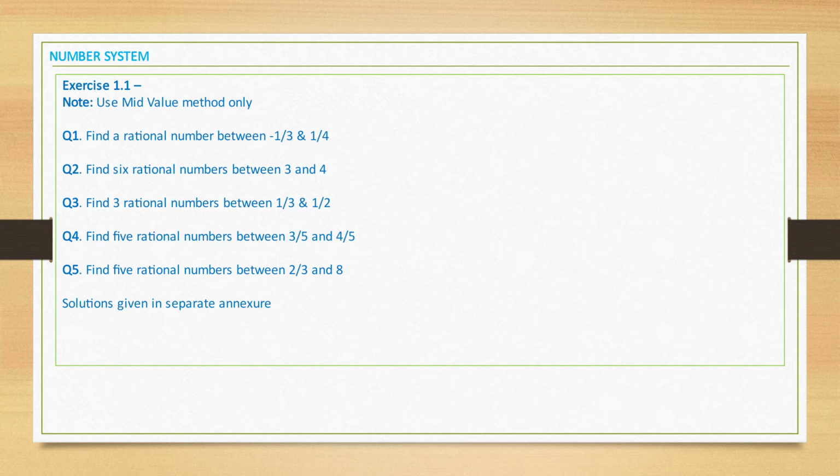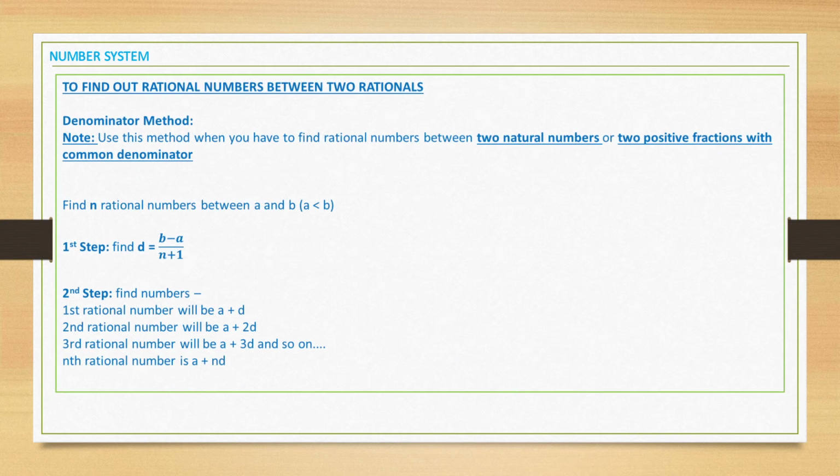Fine, we are going to use another method to find rational numbers between two rational numbers. This method is called the denominator method. Use this method when you have to find rational numbers between two natural numbers. Please note down clearly: natural numbers means 3, 4, 5, 6 like that, and positive fractions.